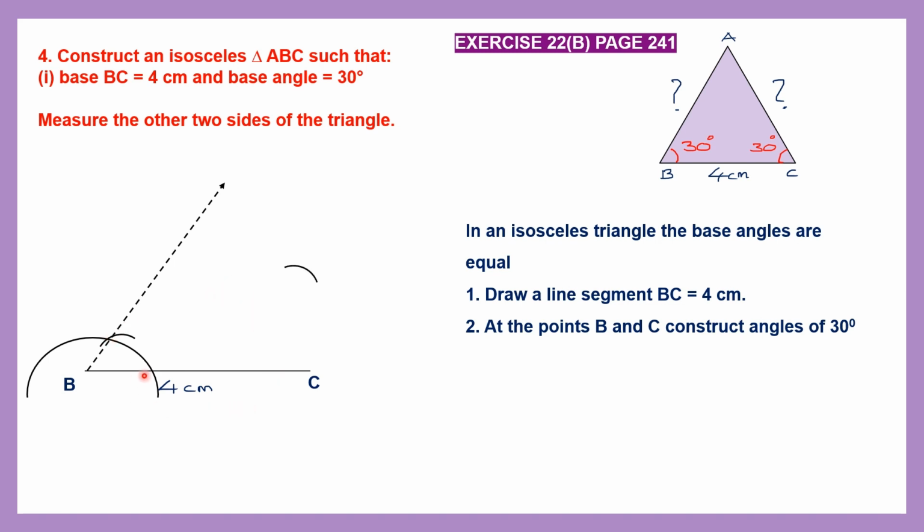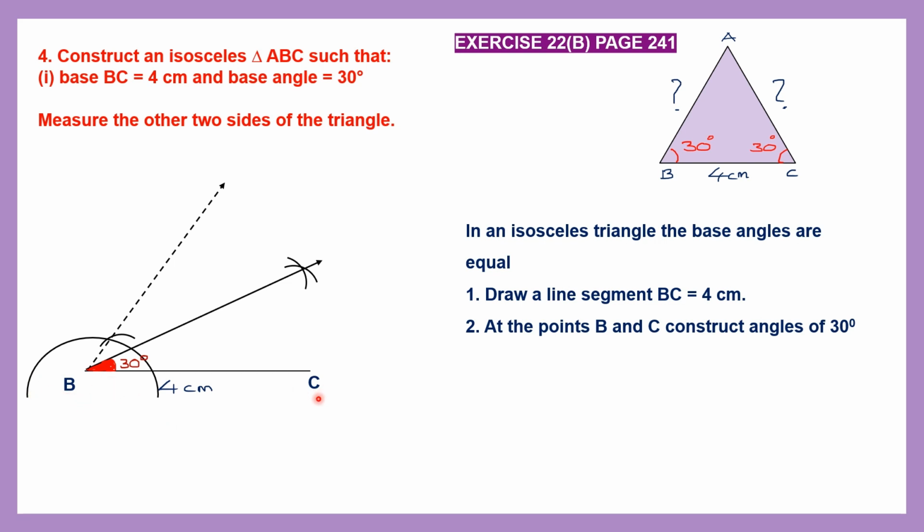So let's do that. So placing the compass, you've got one arc. Placing the compass at the other point, we've got the other arc. Now the two arcs are meeting at a point. From there, come up to point B, draw a line. So now we have 30 degrees. So this angle here is 30 degrees. So at point B, we've got 30 degrees.